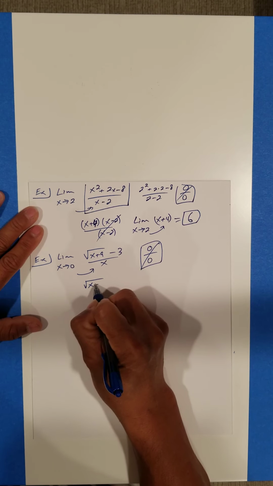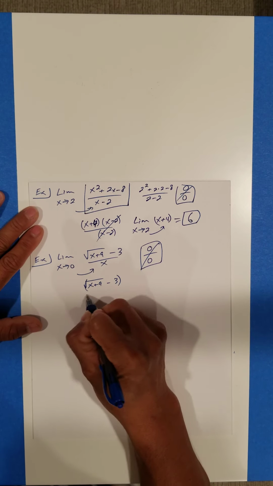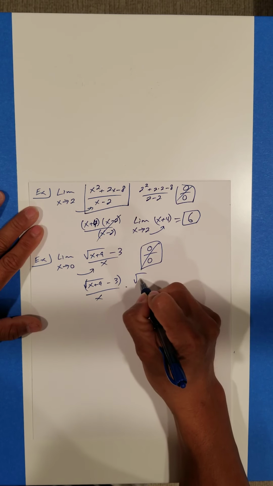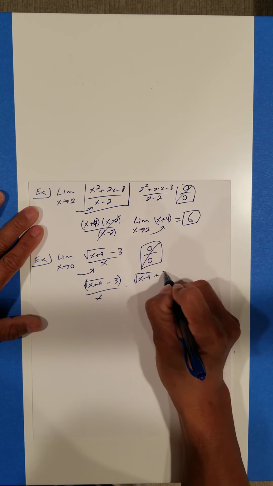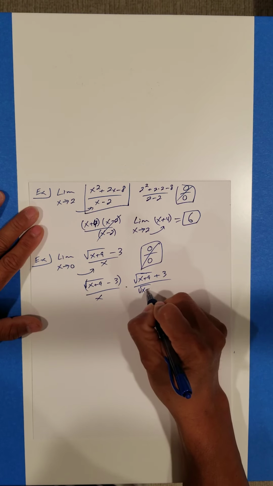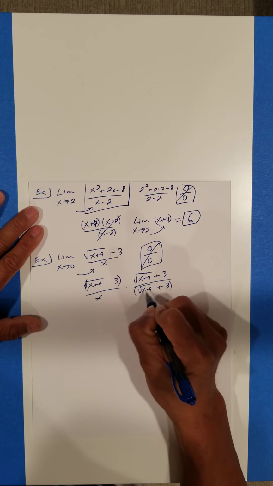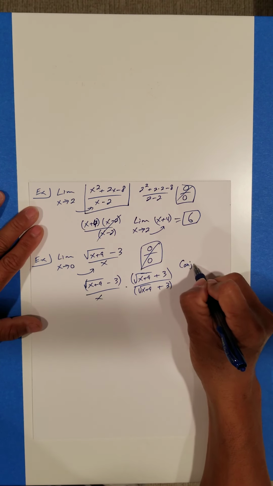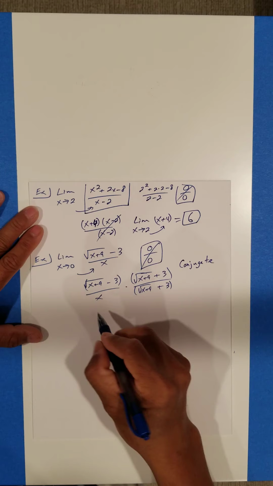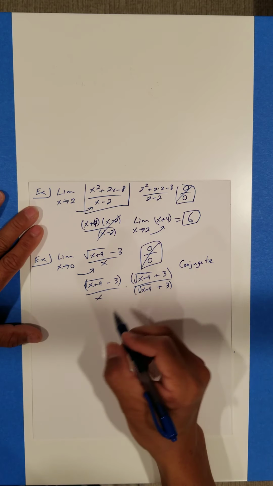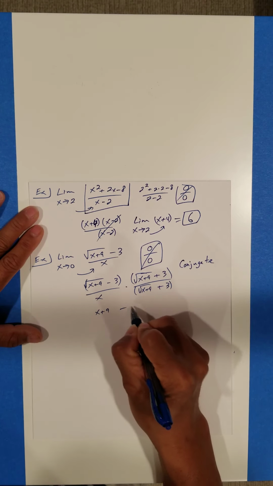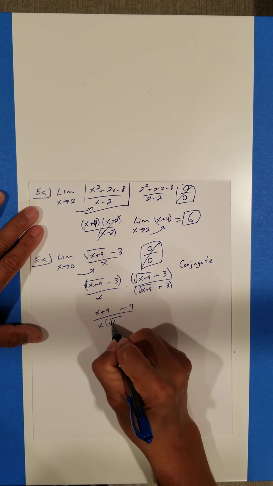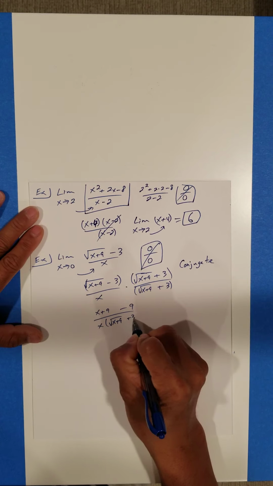Square root of x plus 9 minus 3 over x. We multiply the top and bottom by square root of x plus 9 plus 3, what's called the conjugate. Remember that? So on top now we get x plus 9 minus 9. On the bottom, x times (square root of x plus 9 plus 3).